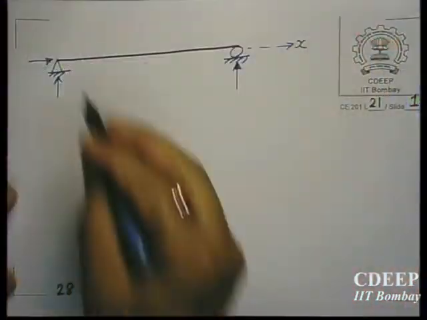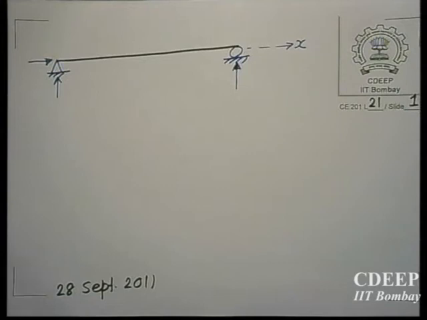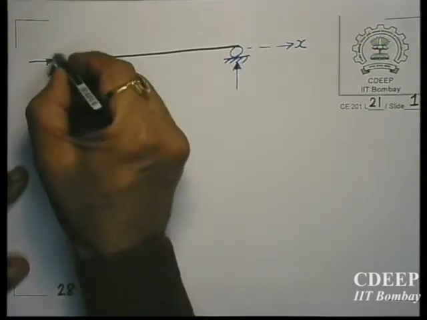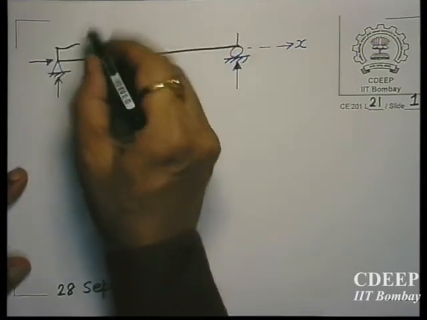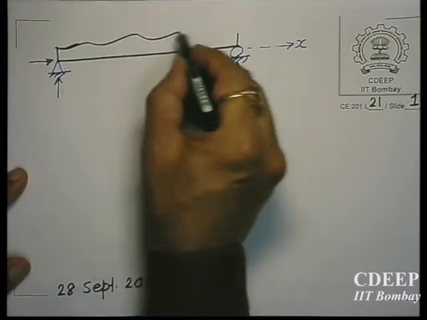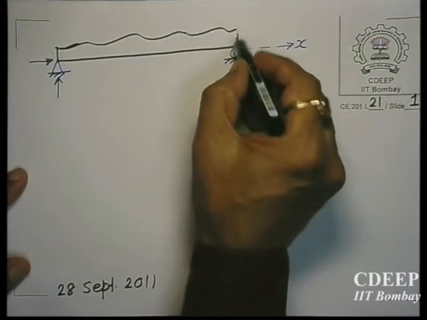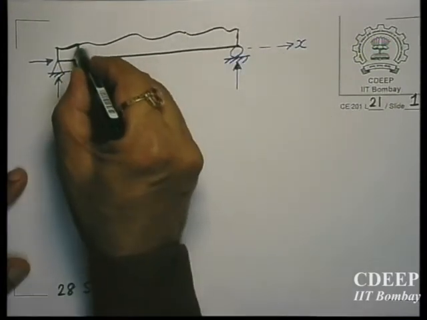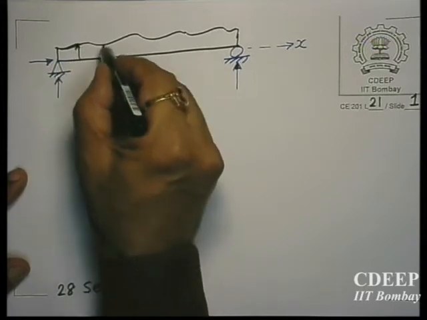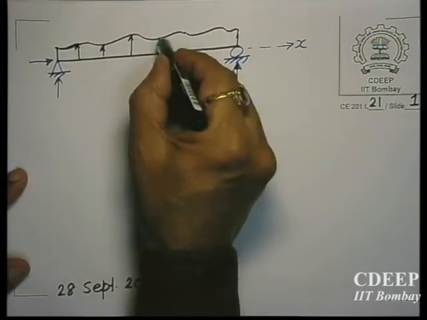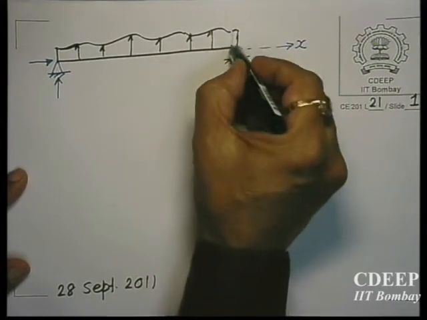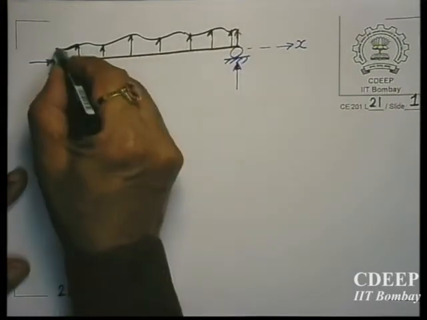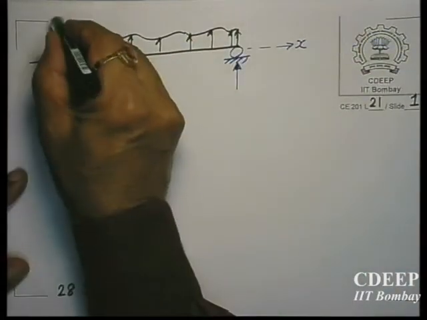Now, it is loaded by a UDL. Sorry, here let me take a generalized case: it is loaded by some kind of general distributed load. I am taking everything positive in the positive direction of the coordinate.